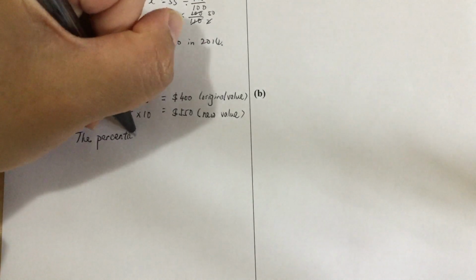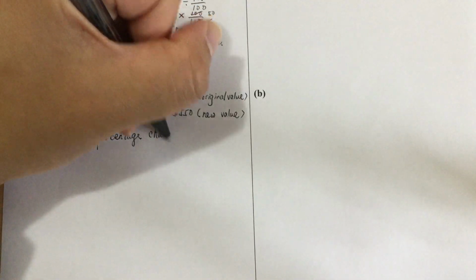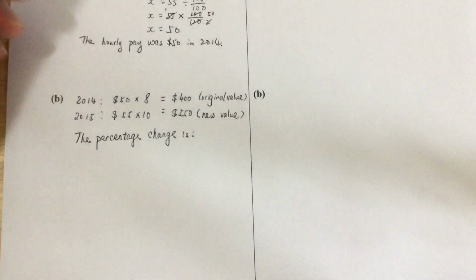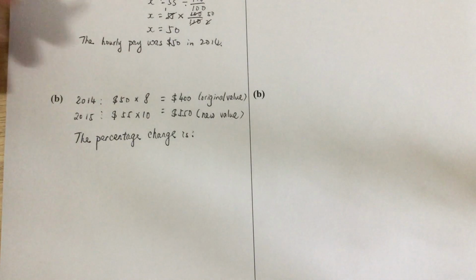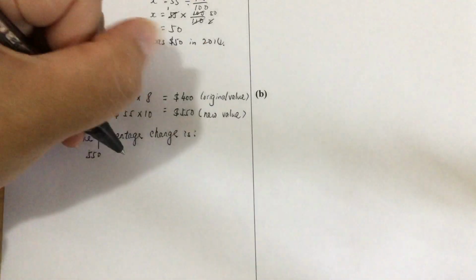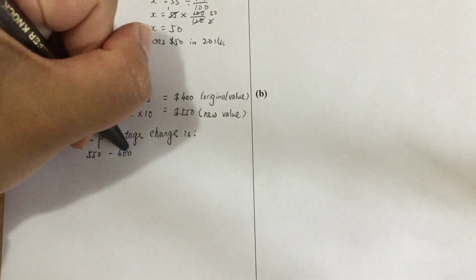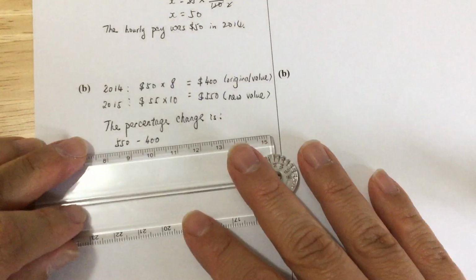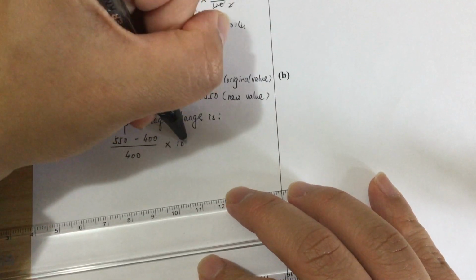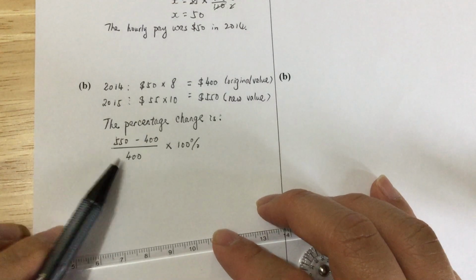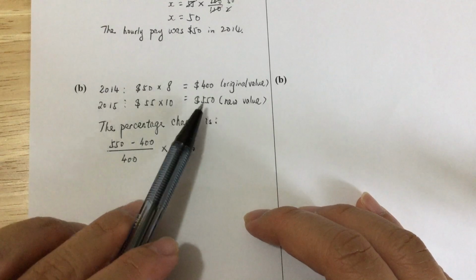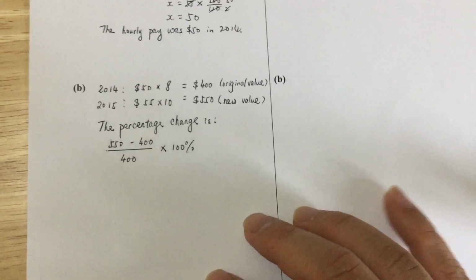The percentage change is (550, the new value, minus 400, the original value) divided by 400 times 100%. Once again, please remember 400 is the original value, and so we put it in the denominator. We will never put 550 in the denominator.